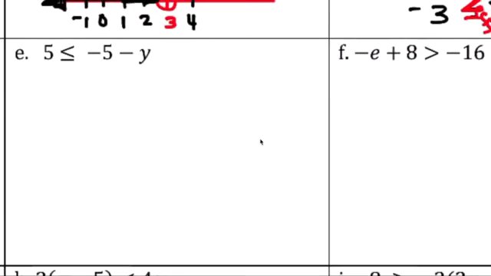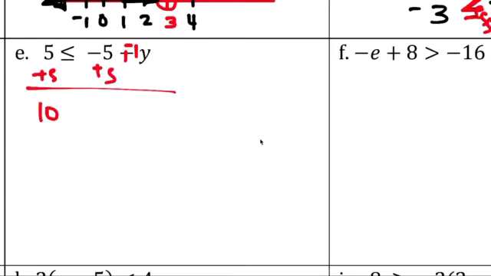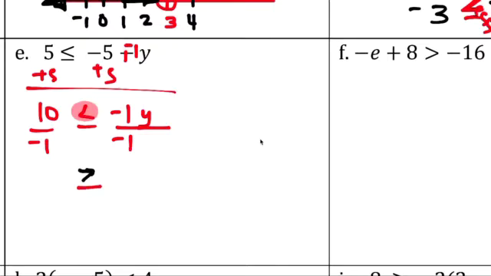Okay. Same thing here, invisible 1. You add 5, you get 10 here, smaller than or equal to negative 1y. You divide by negative 1. Okay, when you divide by negative 1, the inequality switches, so less than becomes greater than or equal to. So this gets you negative 10 here.